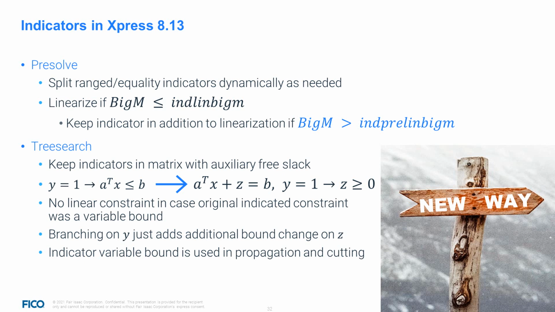By this procedure, indicators very naturally integrate within all other solver routines, be it propagation, no extra propagator needed for indicators, or heuristics, or cutting. They are essentially just a linear constraint, but one that is not necessarily present in the LP, but has its own rules when to be added to the LP and when to be removed.